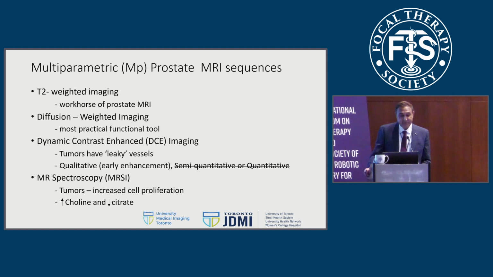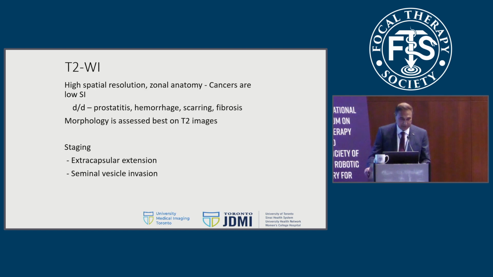And with DCE, we have actually done away with the quantitative and the semi-quantitative assessment. We're only looking qualitatively: is there focal early enhancement, yes or no. Spectroscopy, of course, has been dropped from PI-RADS version 2.1 in 2019. So multiparametric MRI includes T2, DCE, and diffusion-weighted imaging.